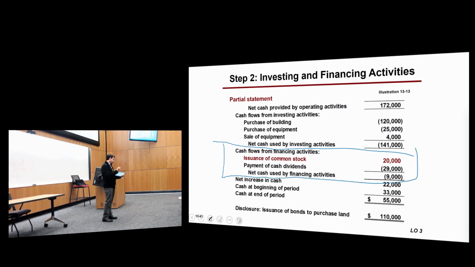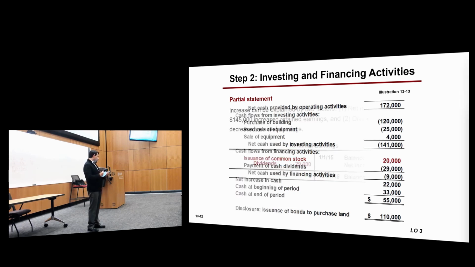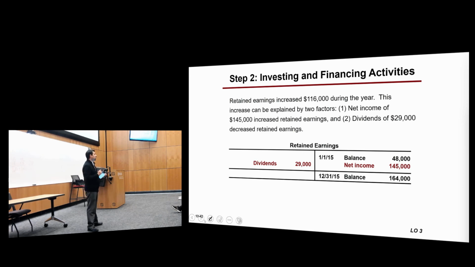Okay? We have shares issued for 20,000. This is a cash inflow. And the company earned retained earnings. This is from the comparative balance sheet. There was a change in retained earnings of 116,000. Now, this is coming from net income of 145,000. We do not care about this number now because we started with that number in operating activities.